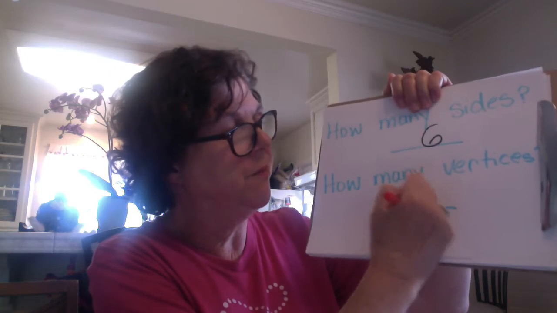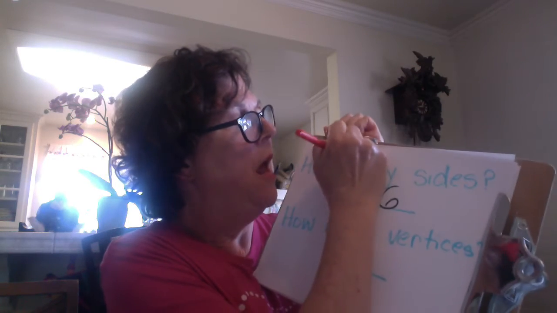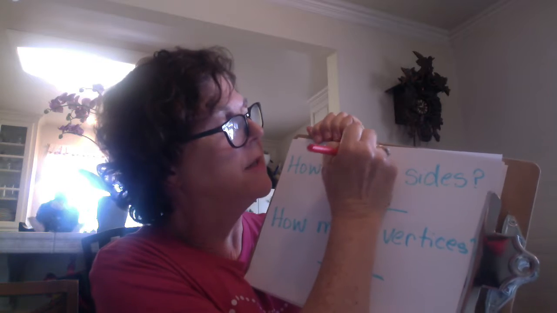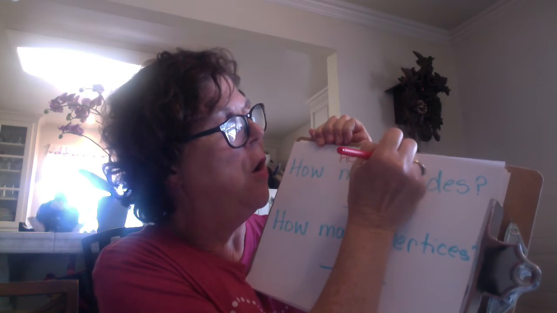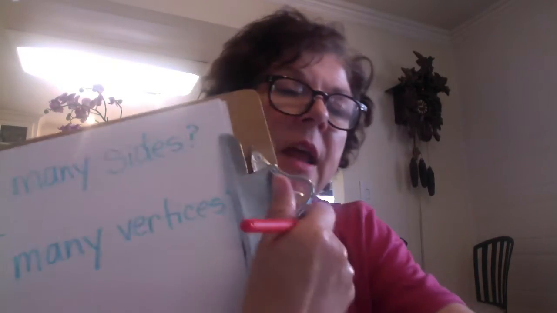So a hexagon also has 6 vertices. This is a hexagon. H-E-X-A-G-O-N, hexagon.